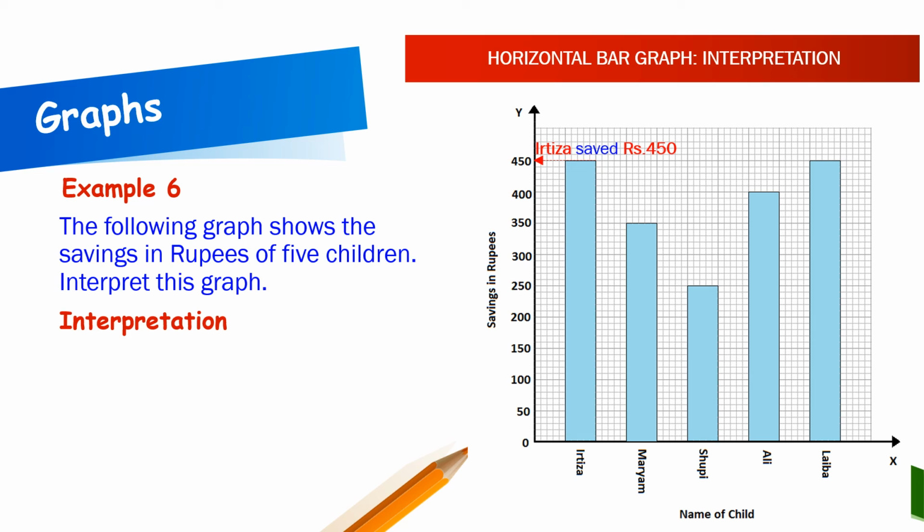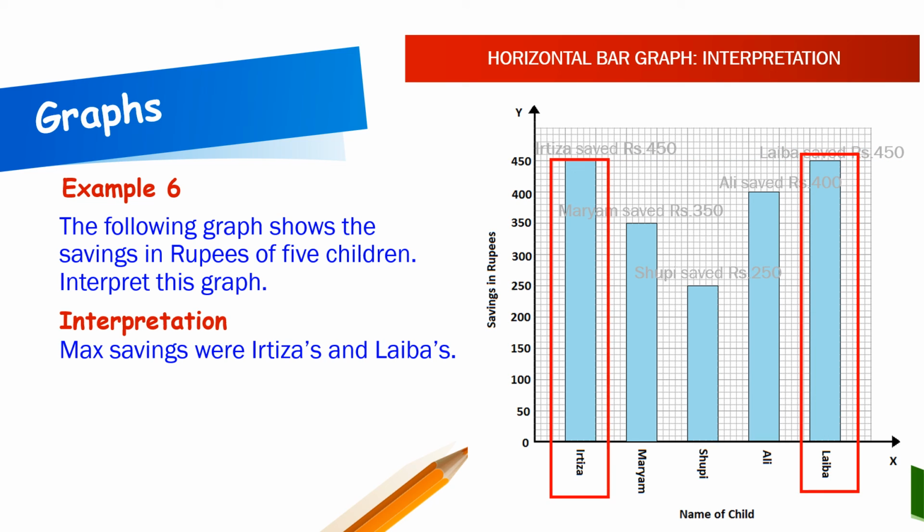We can see from the graph that Irtiza saved 450 rupees. Maryam saved 350 rupees. Shupi saved 250 rupees. Ali saved 400 rupees. And Laiba saved 450 rupees.